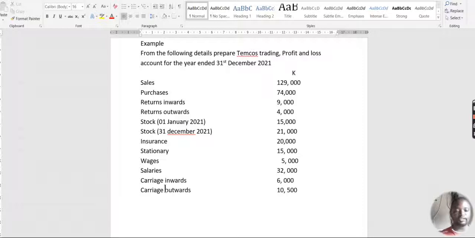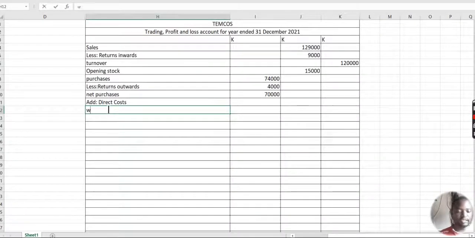Number two, I saw carriage inward. So wages are 5,000 and carriage inward is 6,000. So we are going to put it there. Wages, 5,000 is going to be there. Carriage inwards, the cost of transporting goods into the shop, carriage inwards is 6,000.